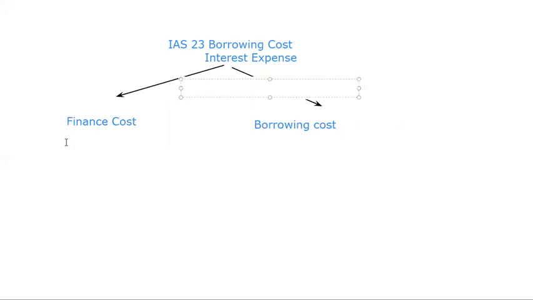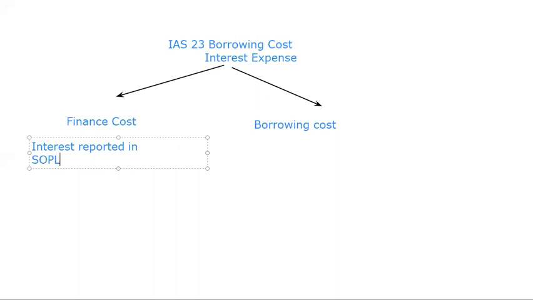So its finance cost is the interest reported in SOPL. Interest that we record in the statement of profit and loss is called finance cost.